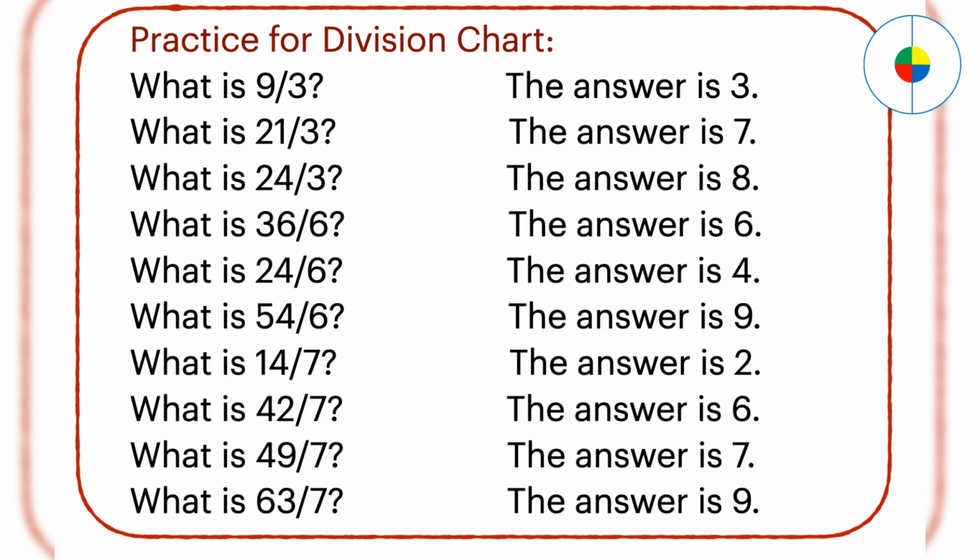So 36 over 2 is 18. Then 18 over 3, 18 over 2 is 9, and 9 over 3 is 3, so 18 over 3 is 2 times 3, which is 6. So 36 over 6 is 6. If you think it's too complicated, you can just memorize this. 36 over 6 is 6.